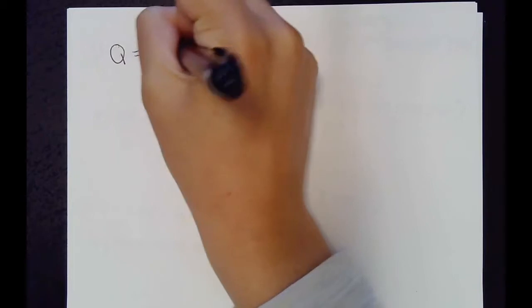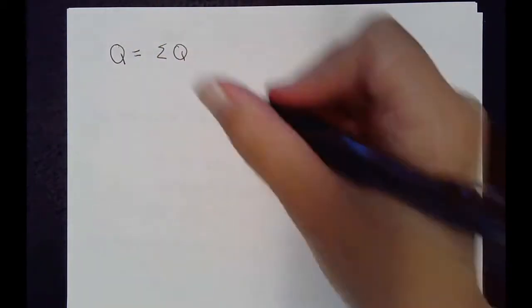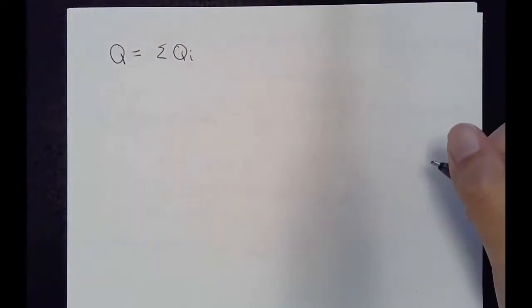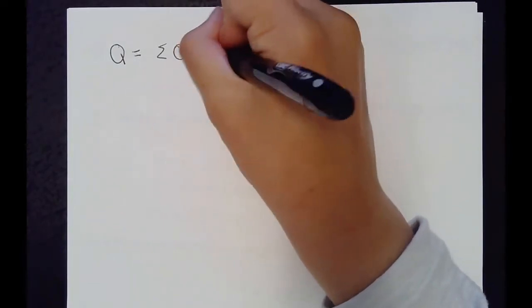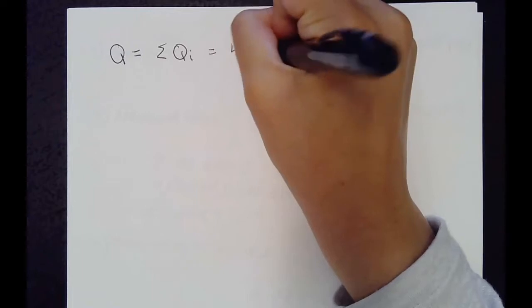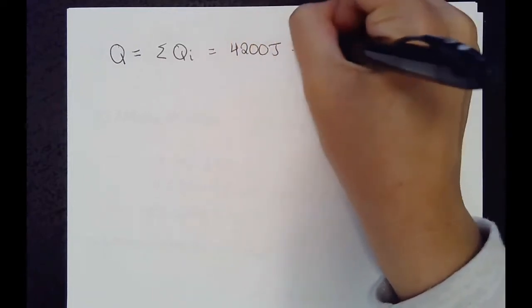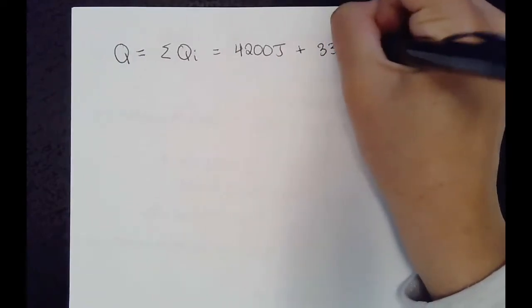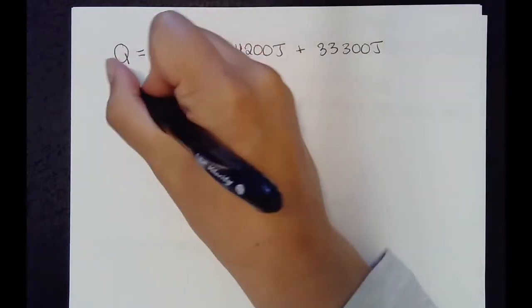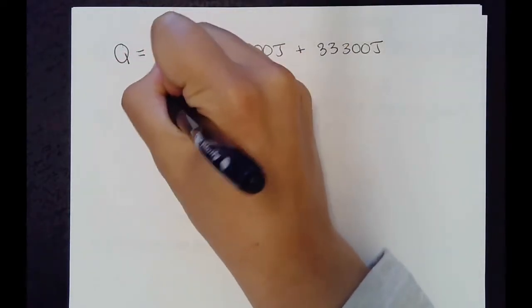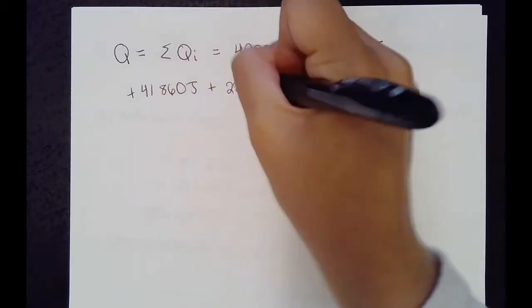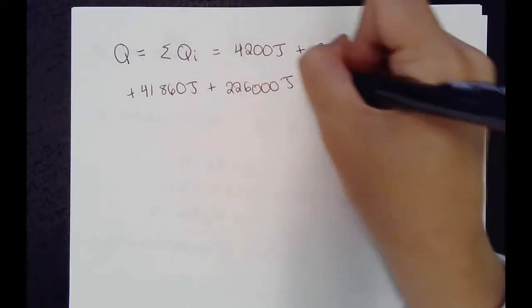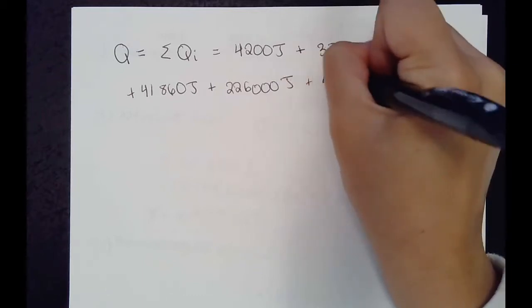All right, so now in the last step, we want to find the total Q value, which will be the sum of all the individual Q values that we found previously. So we'll add up all of the energy to find the total energy required. So we have 4,200 joules plus 33,300 joules plus 41,860 plus 226,000 plus 4,020 joules.